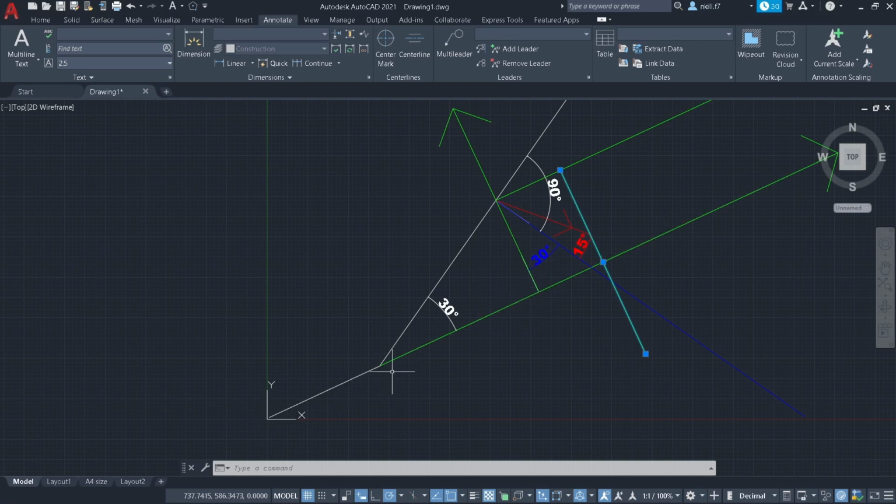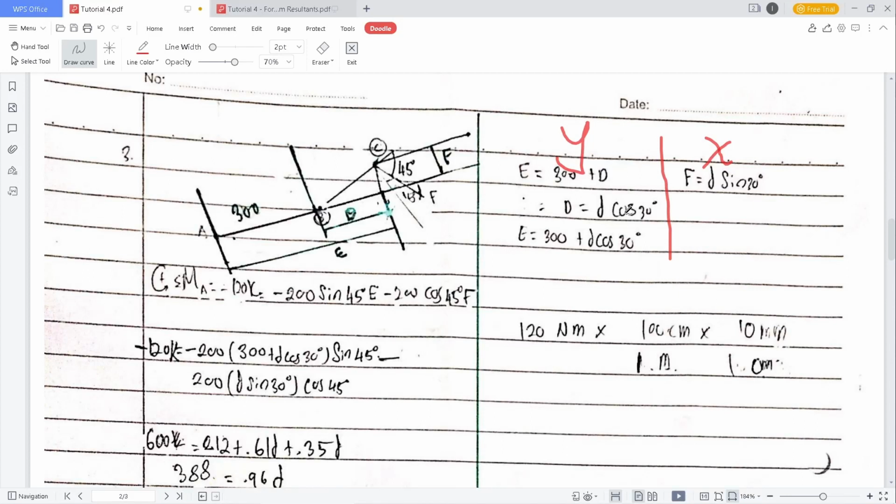From point A to point B, there will be 300 millimeter. From this point onto this point, we need to do trigonometry with cos 13 degree. The distance between them will be D, so we get this distance from this point onto this point as D cos 13 degree. So we can summarize that the perpendicular distance for the Y component will be 300 plus D cos 13 degree.